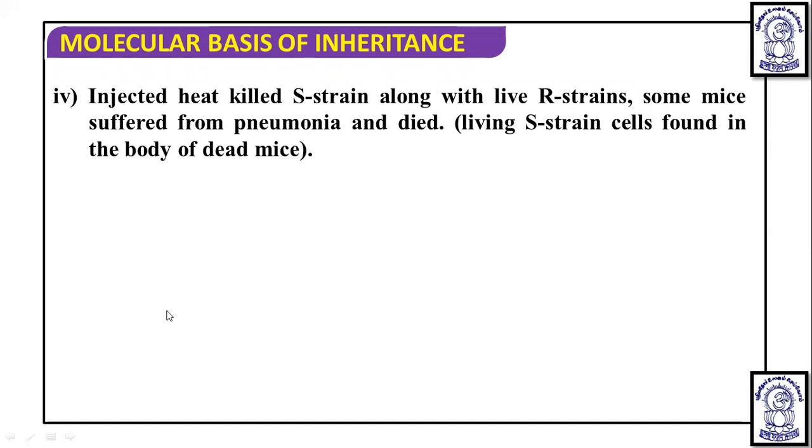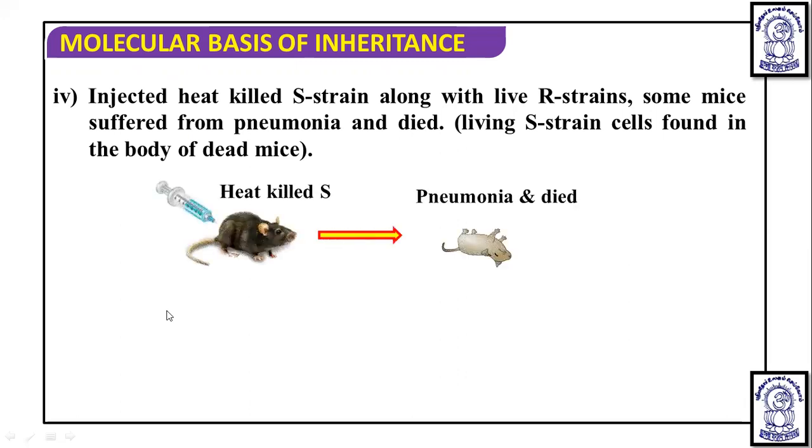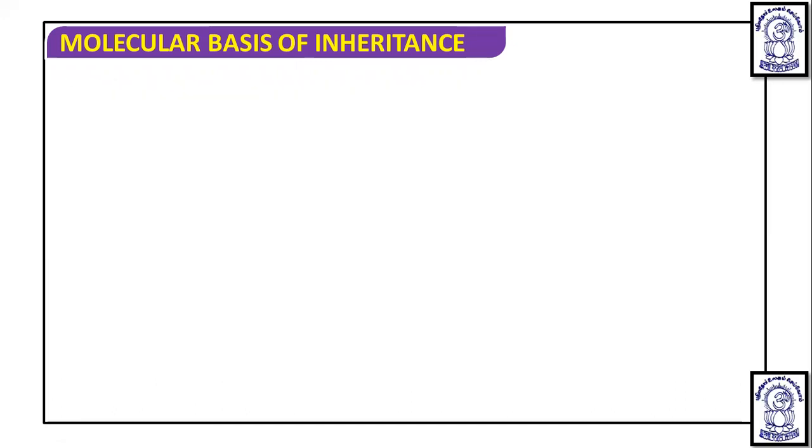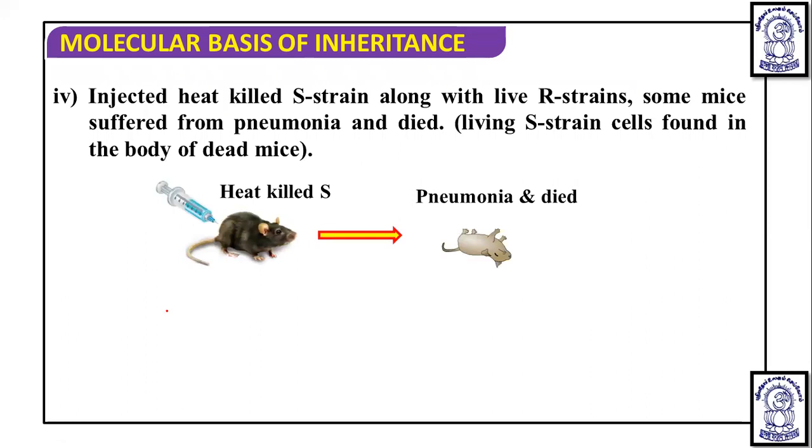But when both are injected into the mice at the same time, the mice died. So if we inject heat-killed S strain along with the R strain into the mice, then the mice died due to pneumonia. So here we remember it is heat-killed S plus R strain.